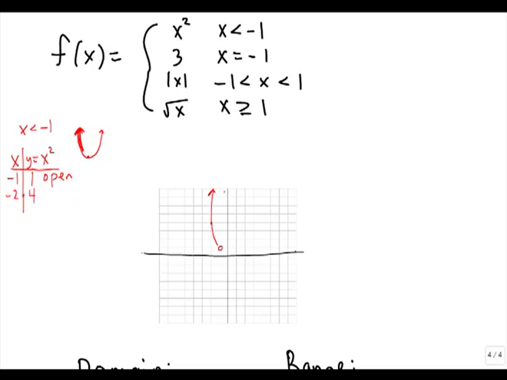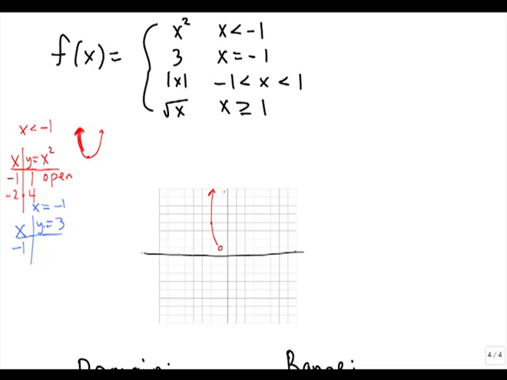Okay. Now we're going to take the second rule here, which is y equals 3, and we want to use that at x equals -1. This one's a little strange because this time we want to use it right at -1, not less than it, not greater than it, just right at -1.